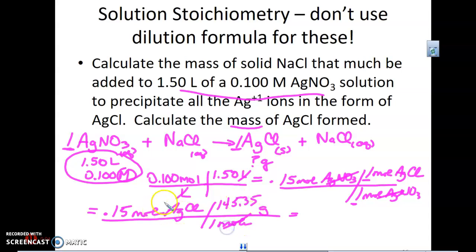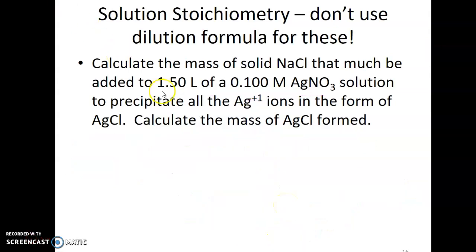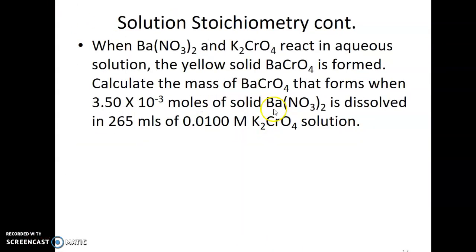Okay? And so when we multiply that by 0.15, we get 21.5 grams of AgCl. Theoretically, that can be formed. And you remember when we did stoichiometry the first time, that is just theoretical. Probably won't get that. You can do a percent yield by taking what you actually get divided by this theoretical 21.5 grams.